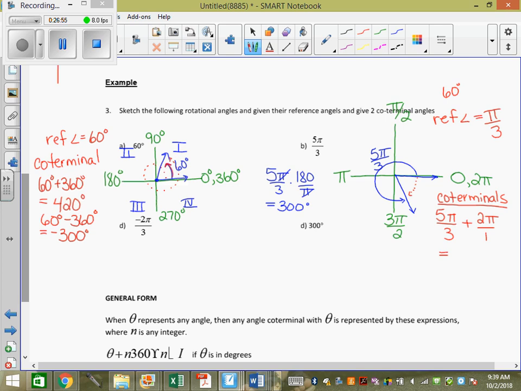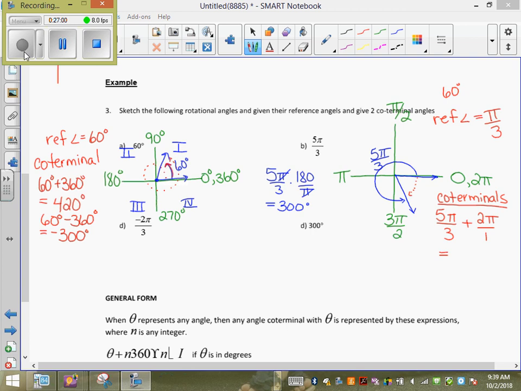I'm just going to add 5/3 plus 2 into my calculator. You get what? And then if we do 5 pi over 3 minus 2 pi, what do we get? Which makes sense, because if I went this way to get to that terminal arm, it would be negative pi over 3. It would be negative 60.